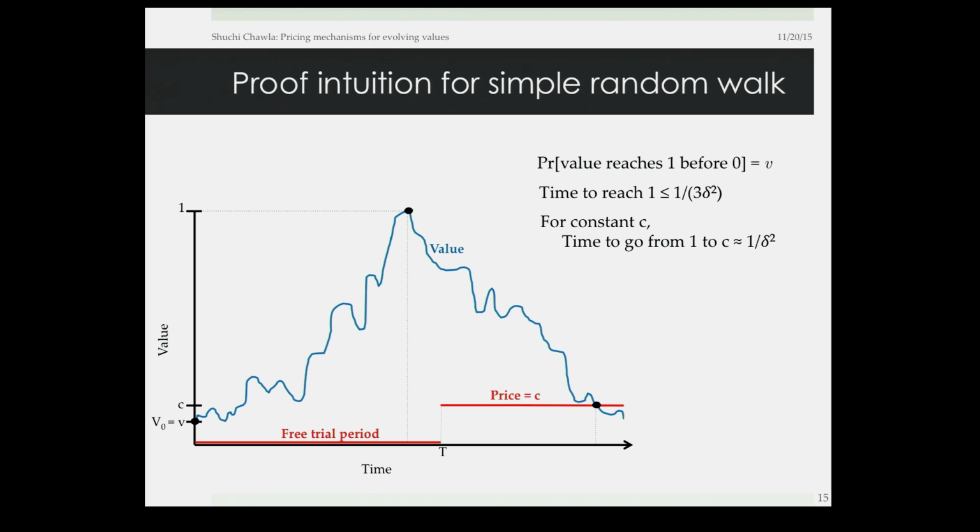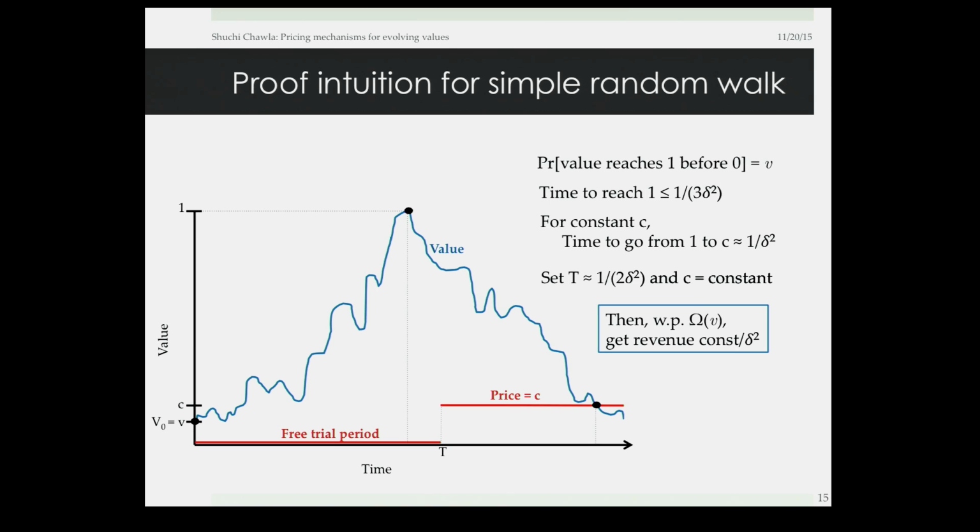Okay? But we want to start charging the agent early enough so that we have enough time to make some revenue. Okay? And there's a choice for this capital T that allows us to do that. So if we set T to some constant times 1 over delta squared and C to some constant, then there's a constant probability that if the value indeed climbs up to 1, then we're going to be able to charge the buyer for long enough to be able to make some revenue.